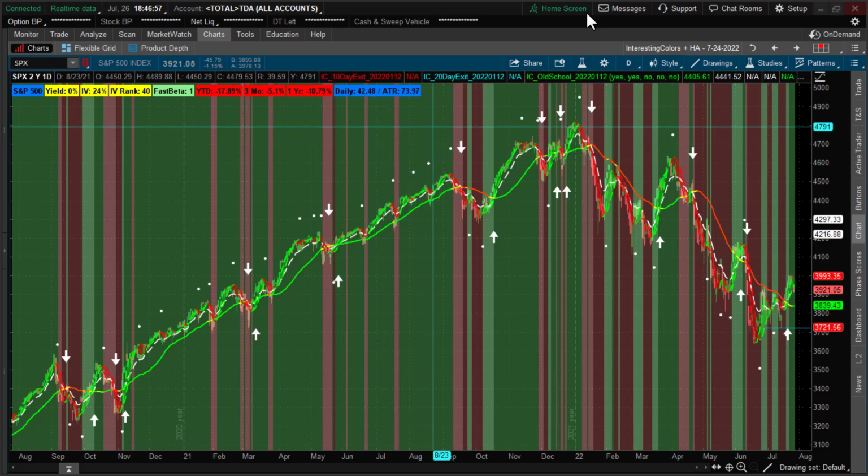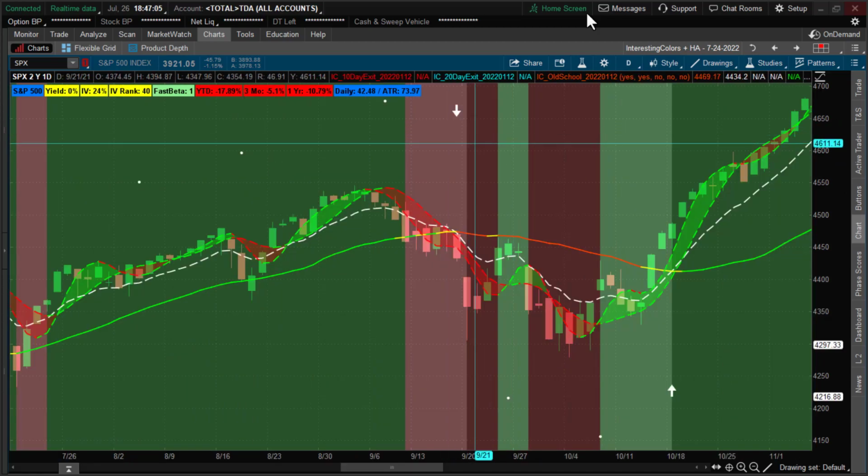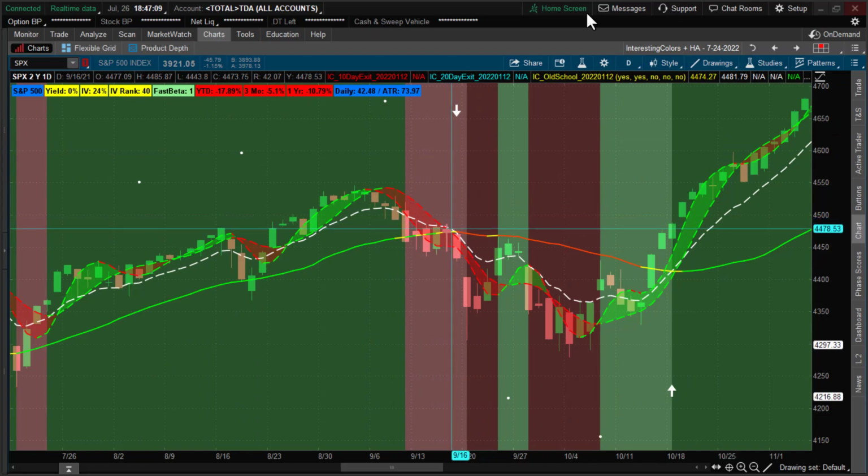But be prepared. If you see this white down arrow, that's a significant clue. And like I've mentioned in the past, the time when this thing goes below the 30-day simple moving average, that's a death cross right there. So be prepared for some significance.